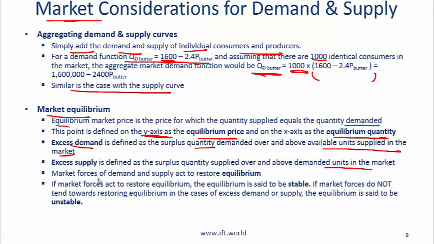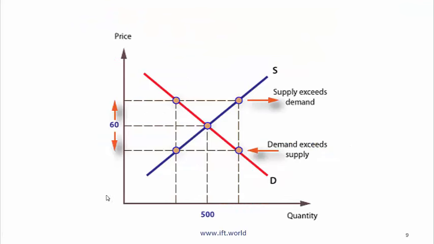Market forces of demand and supply act to restore equilibrium. If market forces act to restore equilibrium, the equilibrium is said to be stable. If market forces do not tend towards restoring equilibrium in cases of excess demand or supply, the equilibrium is said to be unstable. Here is a picture that depicts what we just talked about.